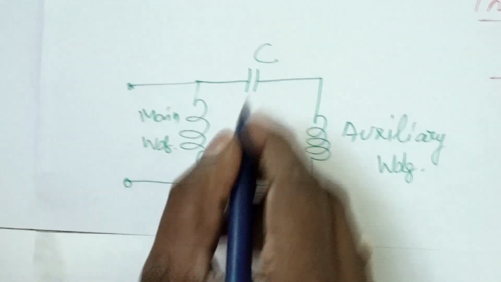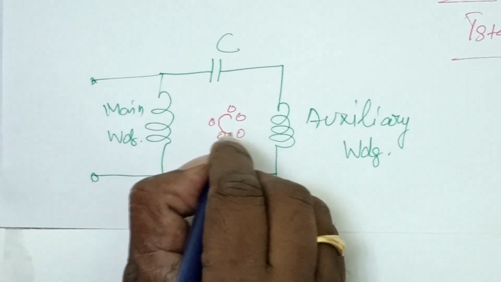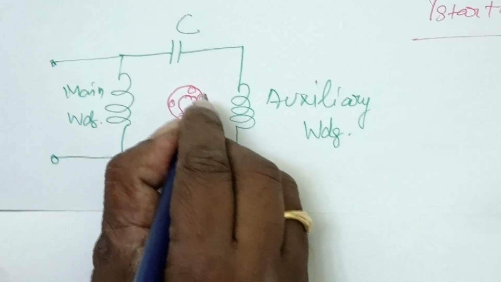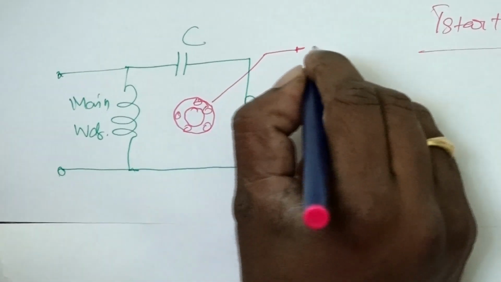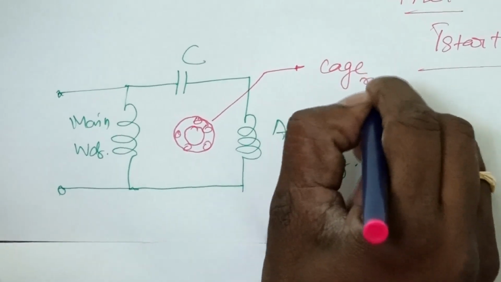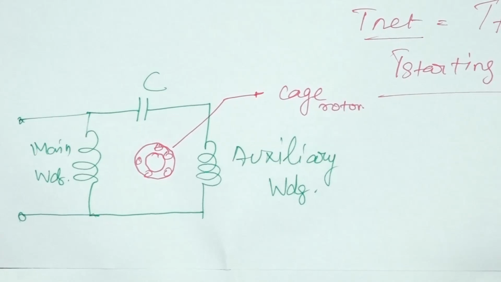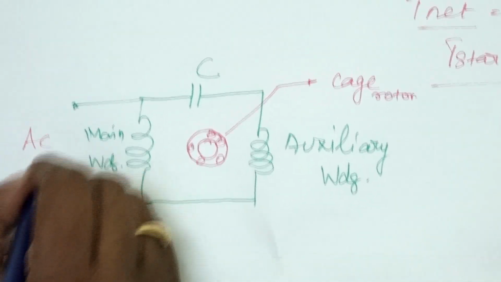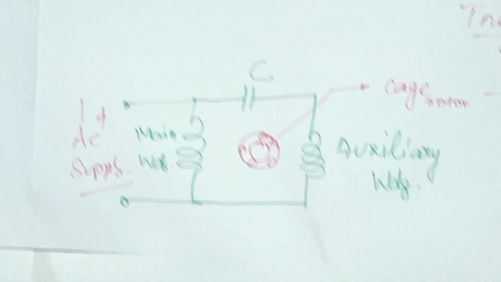Here we have the rotor section. It is a squirrel cage rotor, with short circuited solid bars, and this is excited with a single phase AC supply. So what happens now?